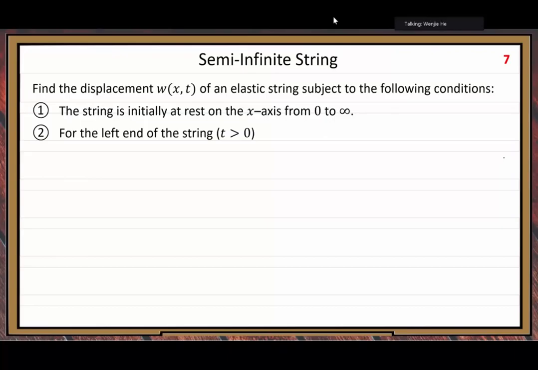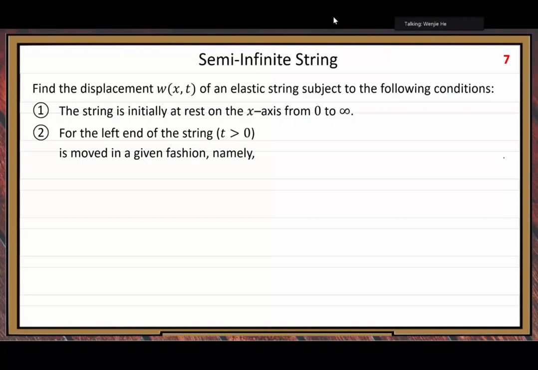The left end of the string is moved in a given fashion, namely by a function. What's the left end? When x equals 0, that's the left end, right? Right end is infinity, left end is 0.